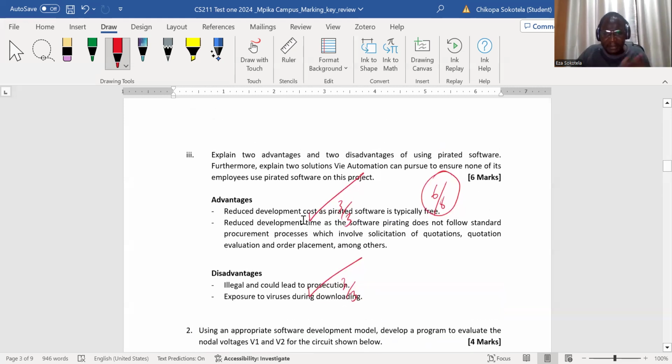Away from that, one of the advantages, you see, when you look at advantages and disadvantages, it depends on where you choose to stand. You can decide to look at advantages from the perspective of you, the person who has chosen to steal software.